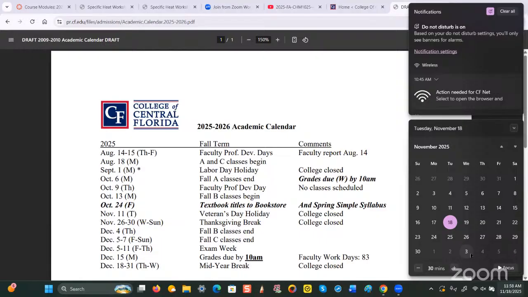So test number 3 will be based on chapter 7, 8, and 9. So the date for that will be December 1st to December 5th. All right, so I think that's it by way of announcement.